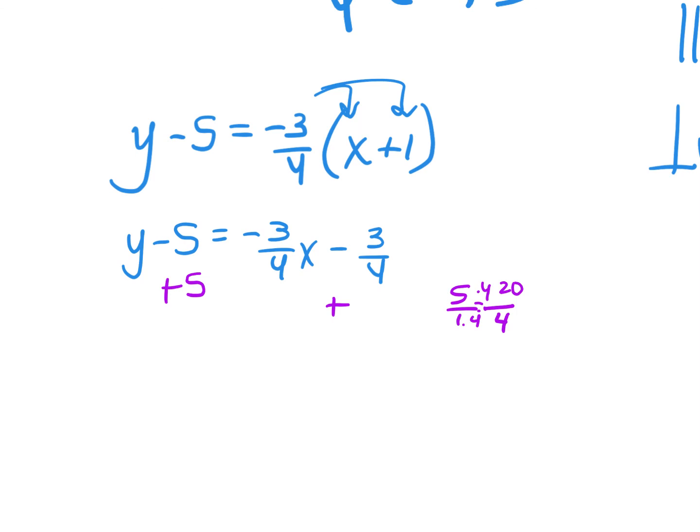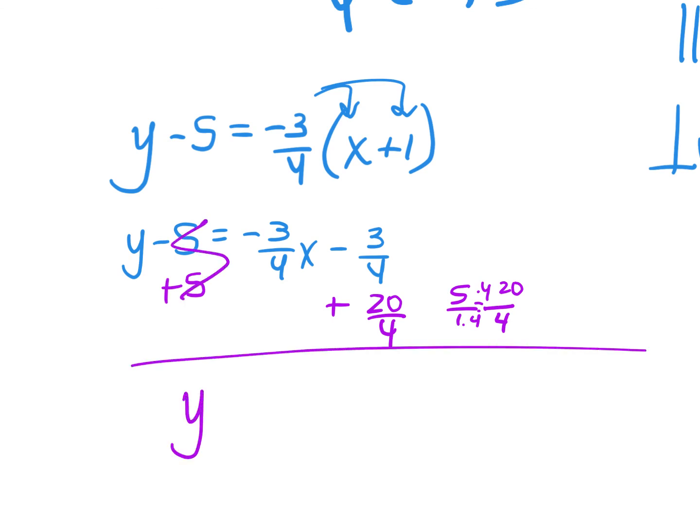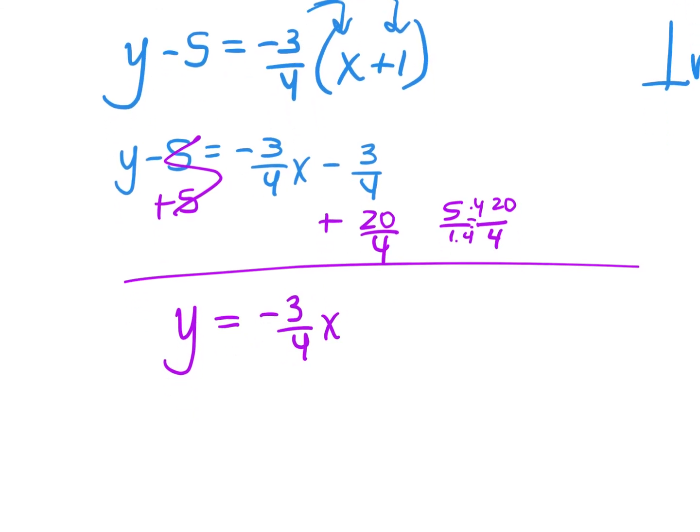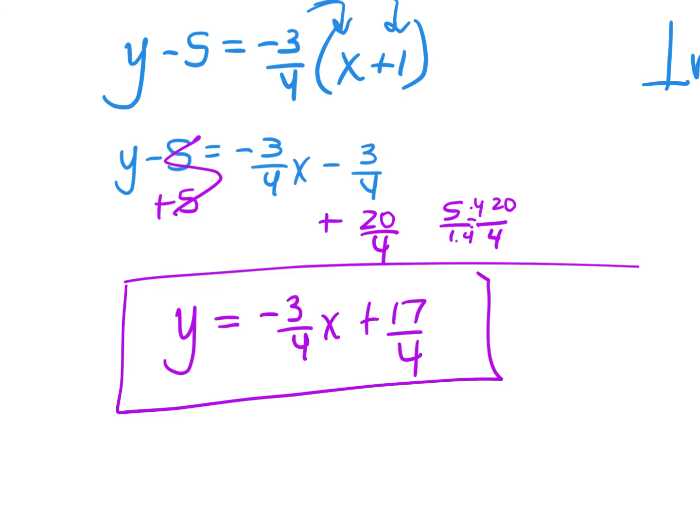So do you guys agree that 5, the whole number 5, is the same as 20 fourths? Okay, good. So y equals negative 3/4 x. What's a negative 3 and a positive 20? Plus 17 over 4. And there is your perpendicular line.